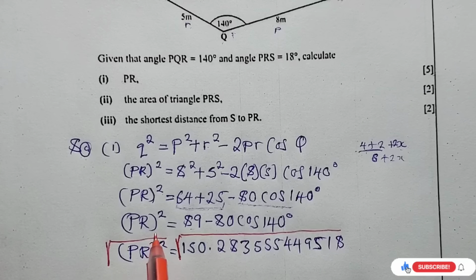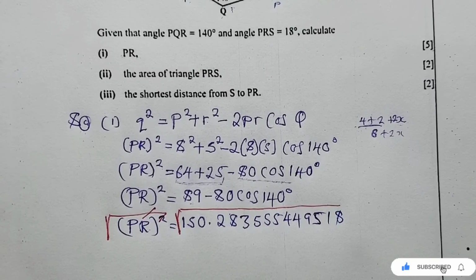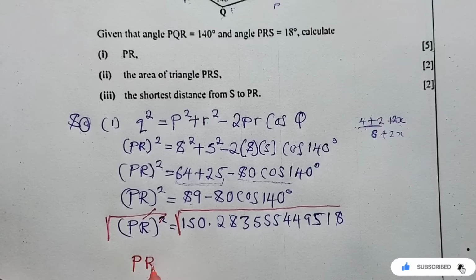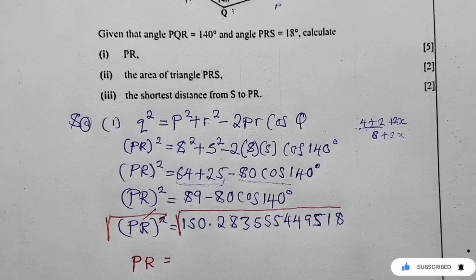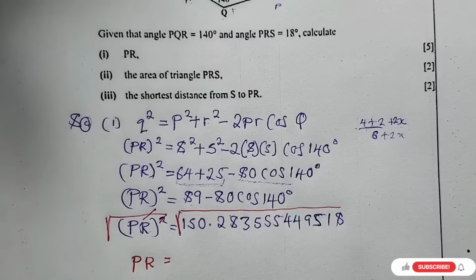So you notice that this square root symbol and the 2 will cancel, just leaving behind PR is equal to the square root of our answer.